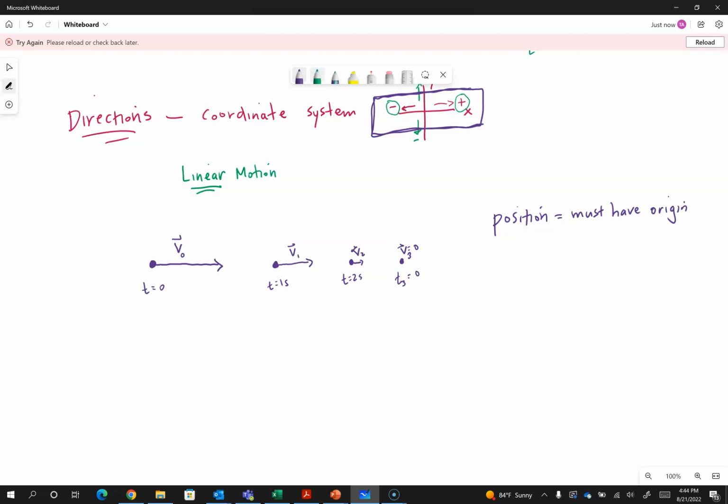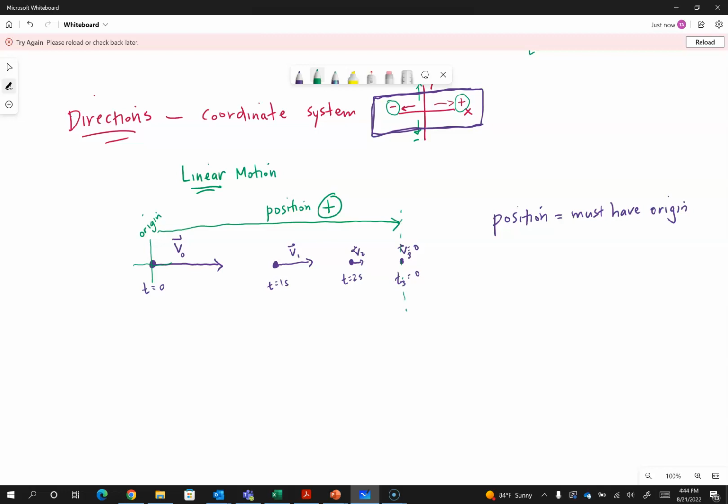So for example, if the origin was down at time equals 0, where the car started, and the car ends up all the way over here to the right, we would say the position is positive, because now the car is to the right of the origin.